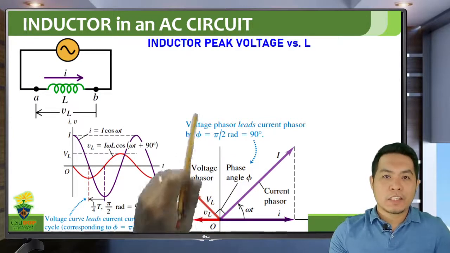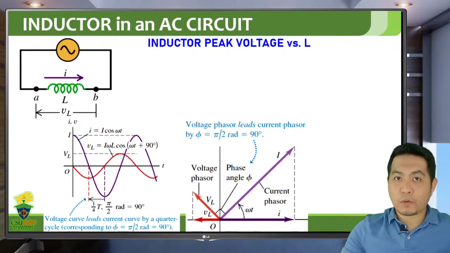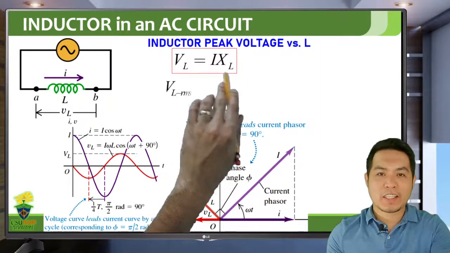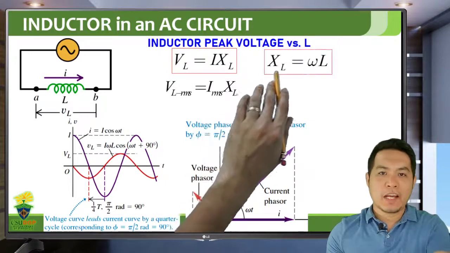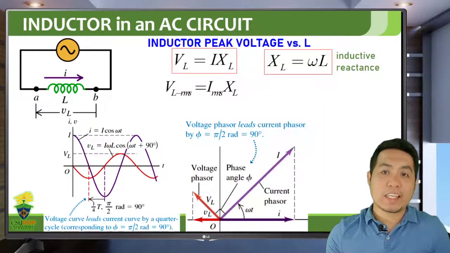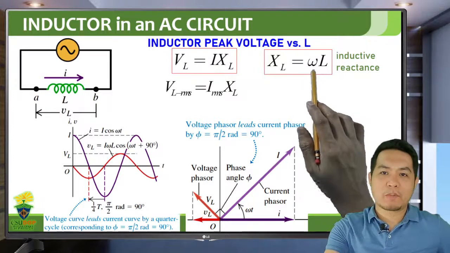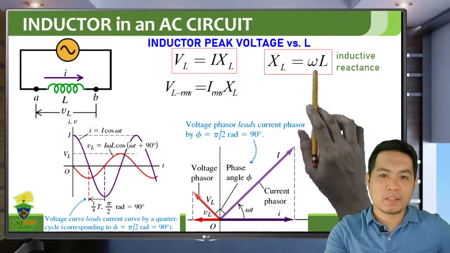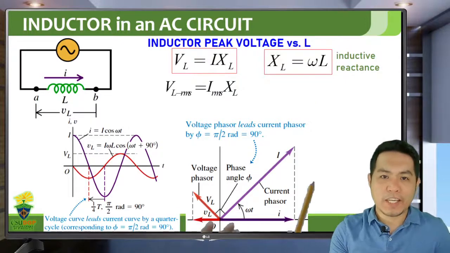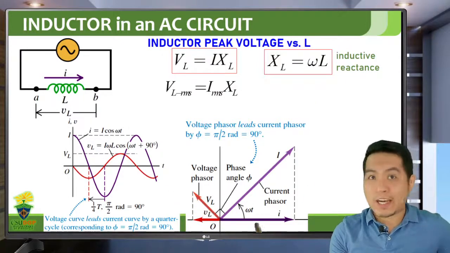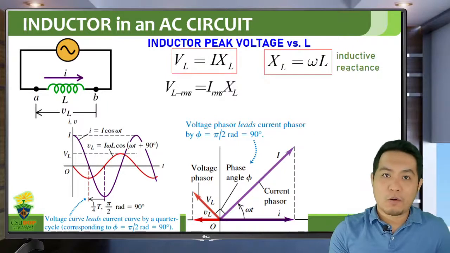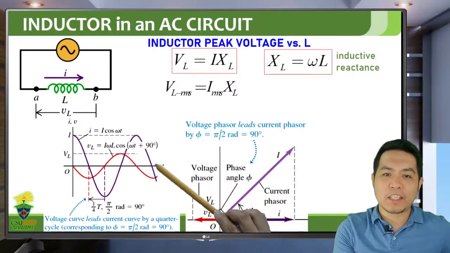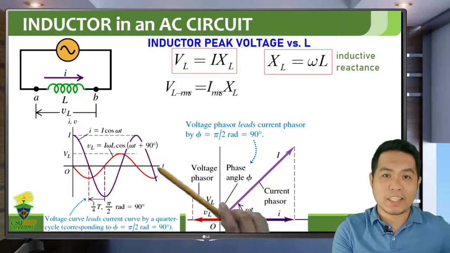The voltage amplitude is I times XL, where XL is what we call the inductive reactance, and it's proportional to L and the angular frequency omega. Both the voltage and the current still rotate at the angular frequency omega, but the voltage leads by an angle of 90 degrees.